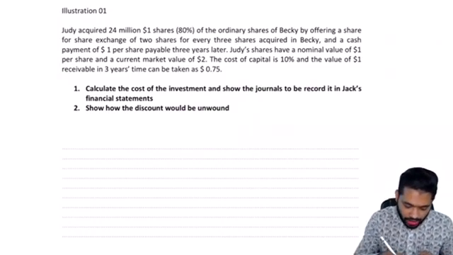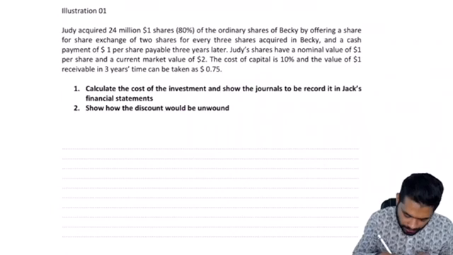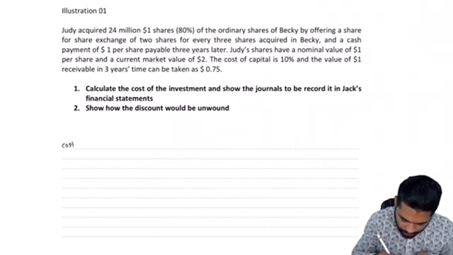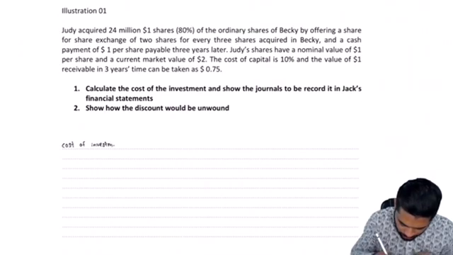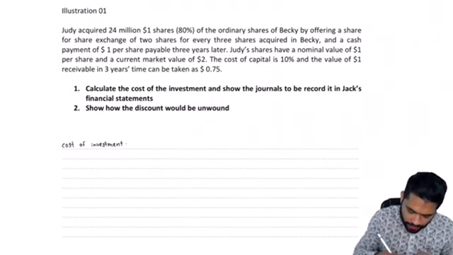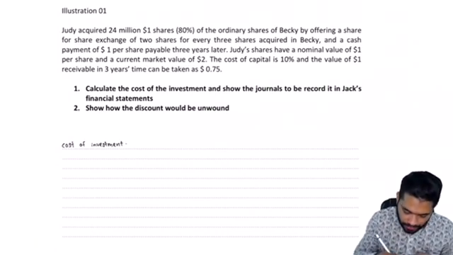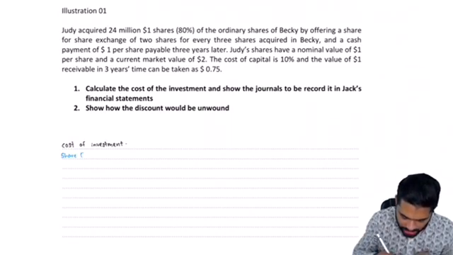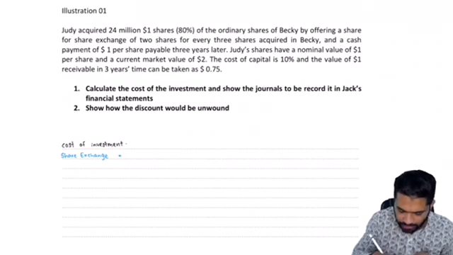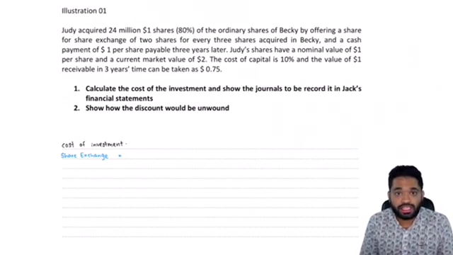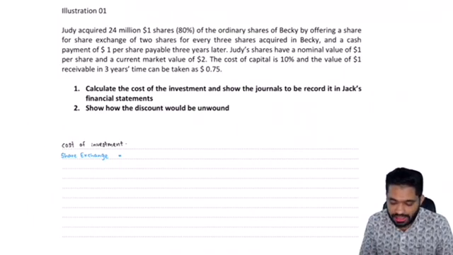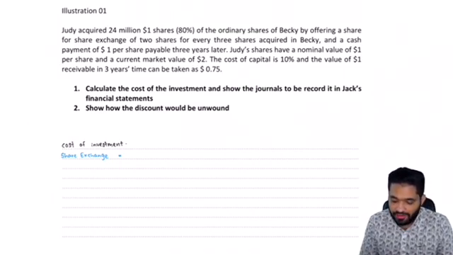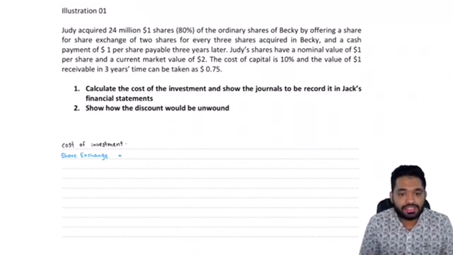So here, when you look at the cost of the investment, first you have the share exchange. Now the terms of the share exchange is we are going to give 2 shares of the parent for every 3 shares acquired in the subsidiary.